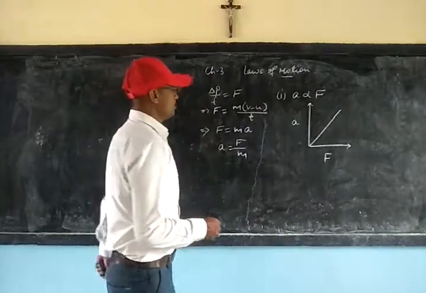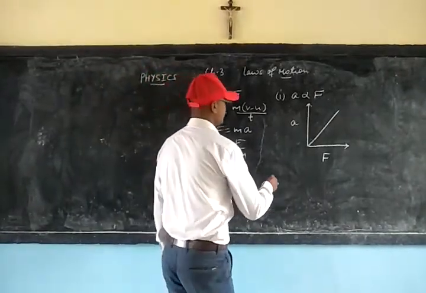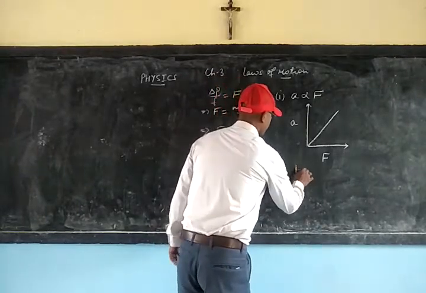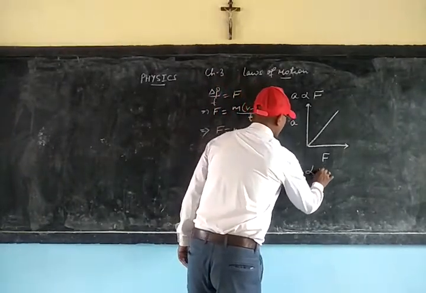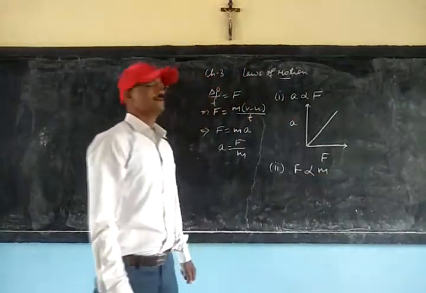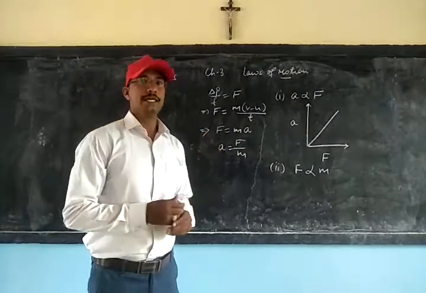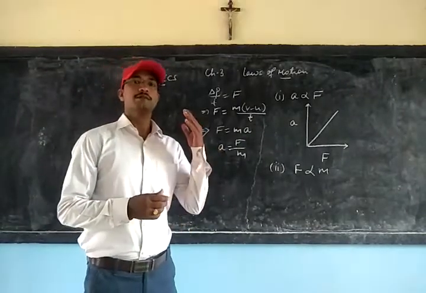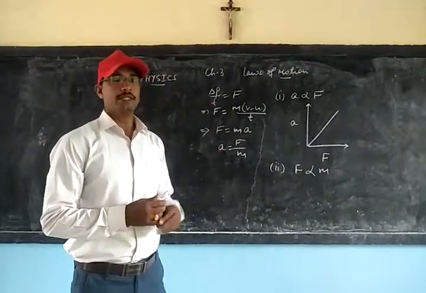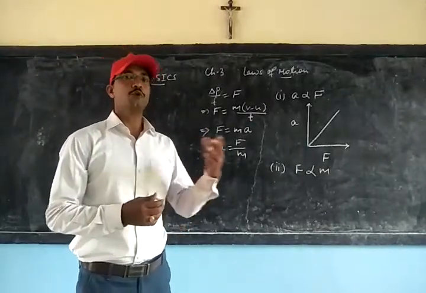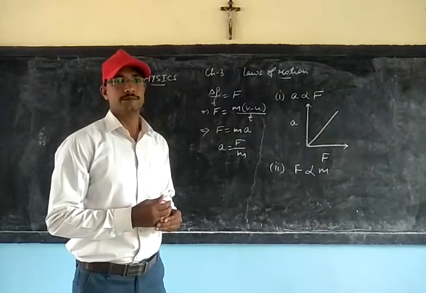From this, we can also see that force is directly proportional to mass of the body, which means that if the body is heavier or has a great mass, then we need to apply a great amount of force to produce acceleration on it.